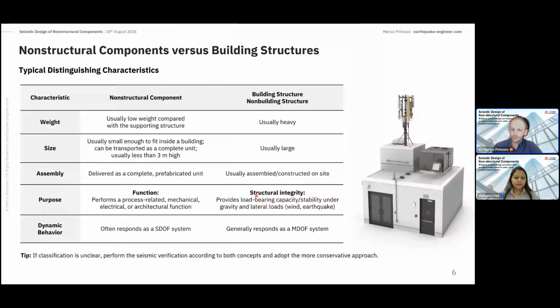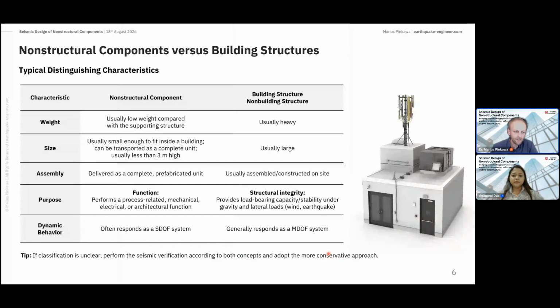So if you are not sure if it's a non-structural component, for example, if this structure is located on the roof of another tall building, this could also be regarded as a non-structural component. So, let's say, the whole structure here. If you are not sure about this, follow both routes and then take the more conservative one.